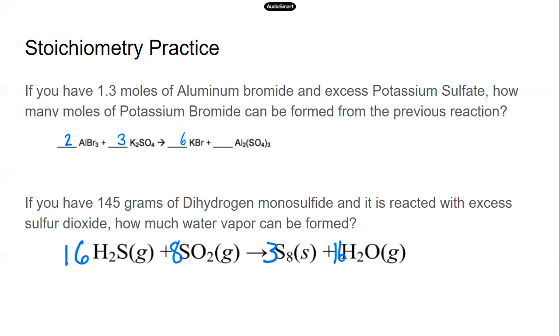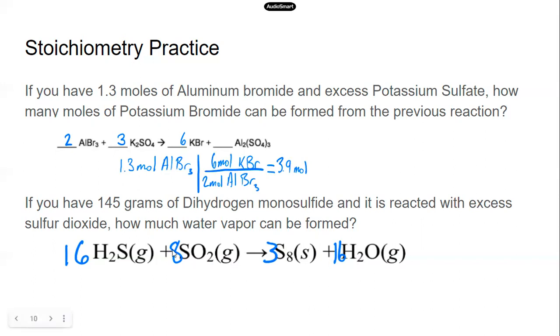So that's a simple reaction where we just get 1.3 divided by 2 times 6, just because our units are going to cancel out our 2 moles of aluminum bromide. And once we multiply everything out, we're going to get our 3.9 moles of potassium bromide formed.